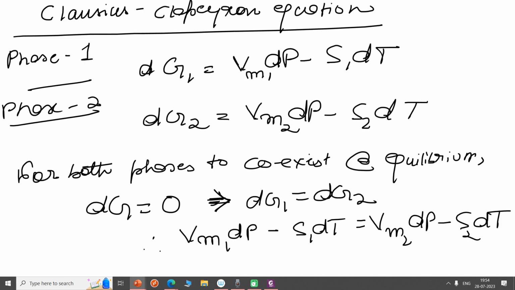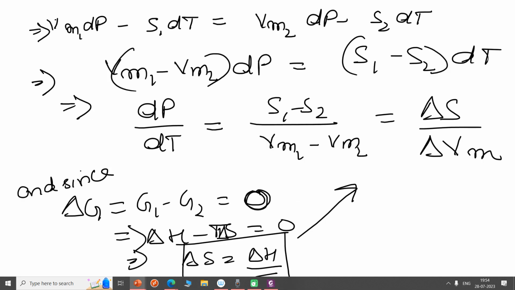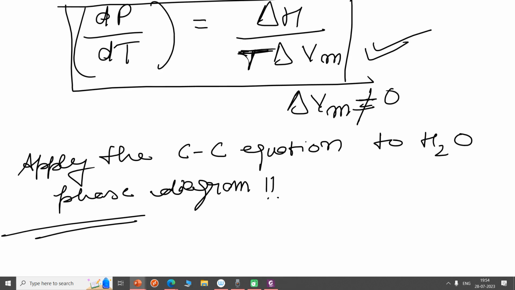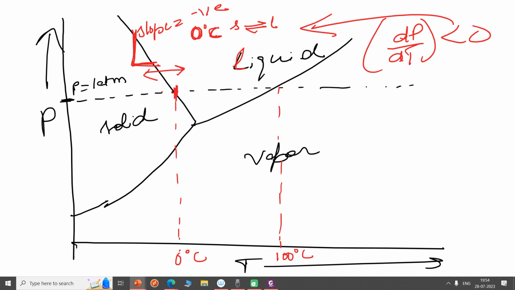And then we went on to describe the Clausius-Clapeyron equation. That describes the influence of one thermodynamic parameter upon another in relation to its molar volume. And we have seen the application of the Clausius-Clapeyron equation to a water phase diagram, wherein the phase boundary between the solid to liquid transition moves towards the left.